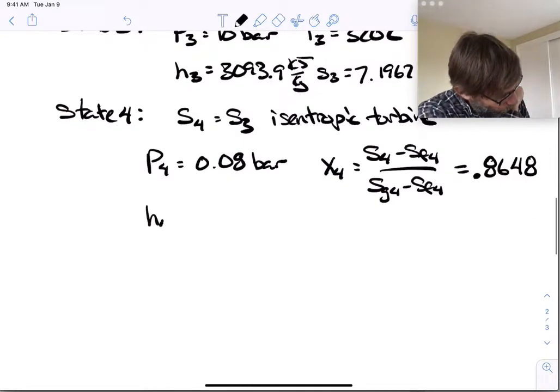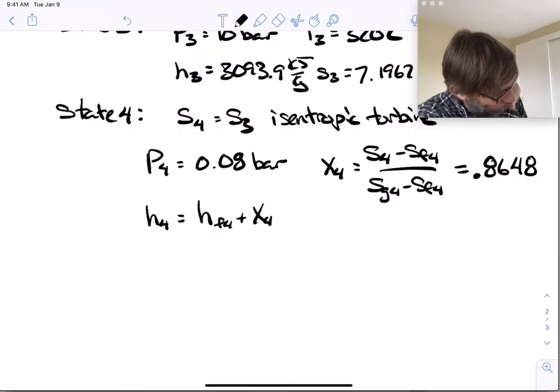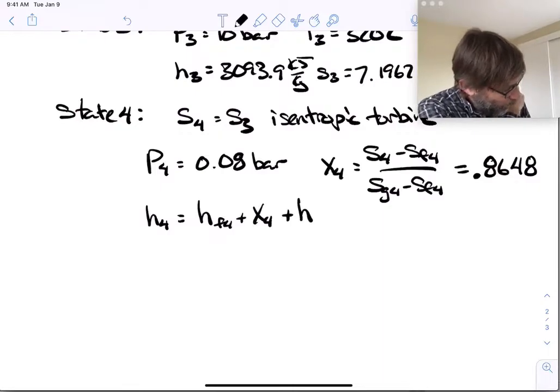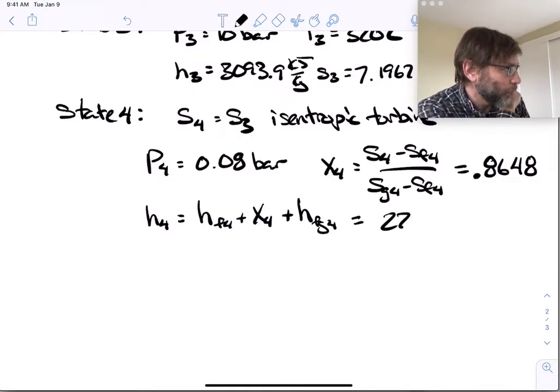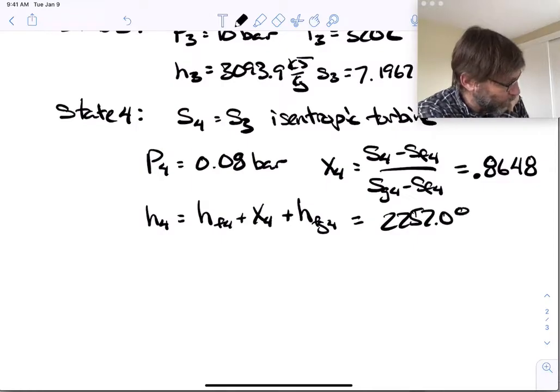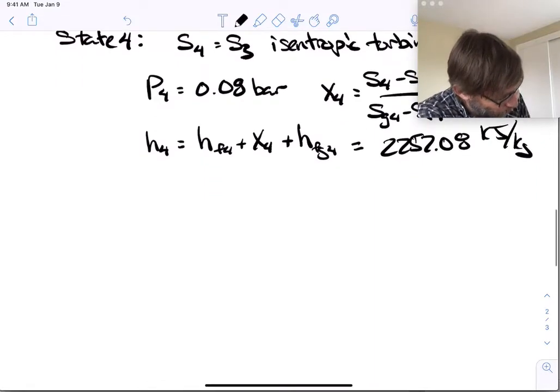Okay, so then H4 is equal to HF4 plus X4 times HFG4. And then this ends up being, if we look this one up, 2252.08 kilojoules per kilogram.